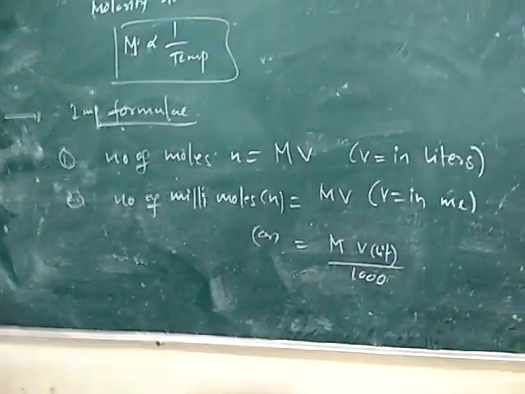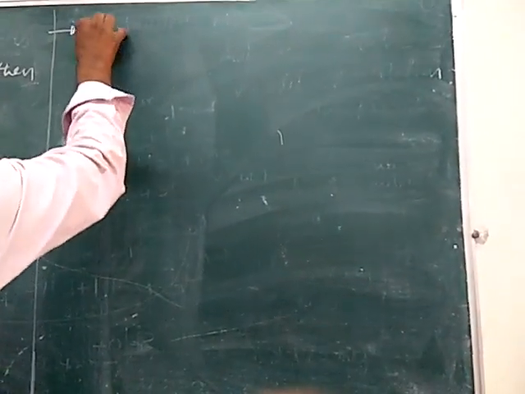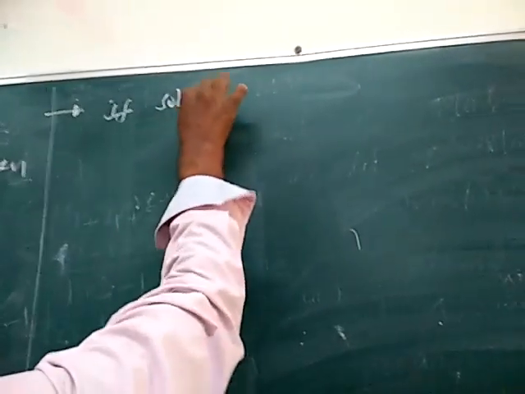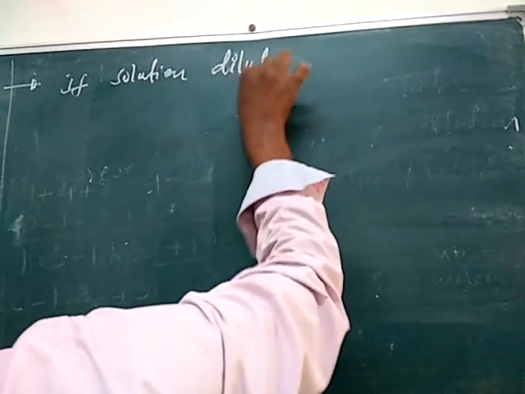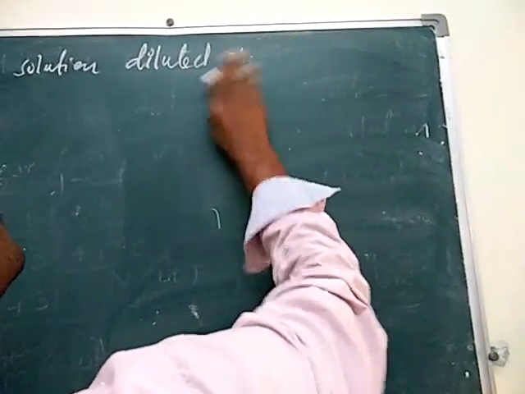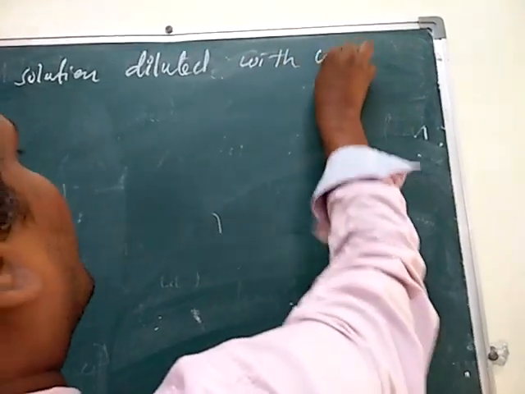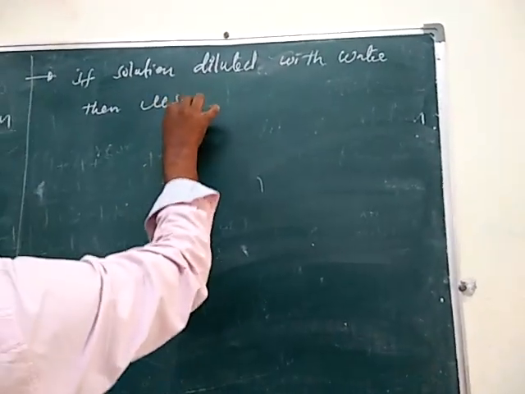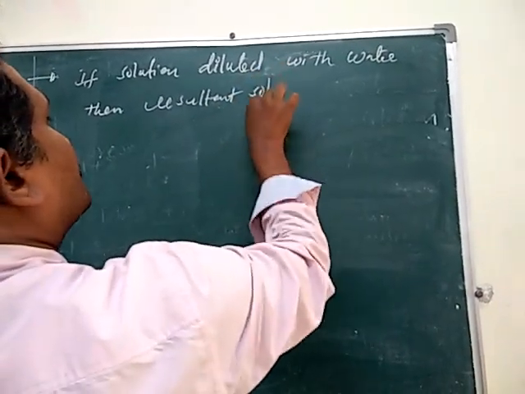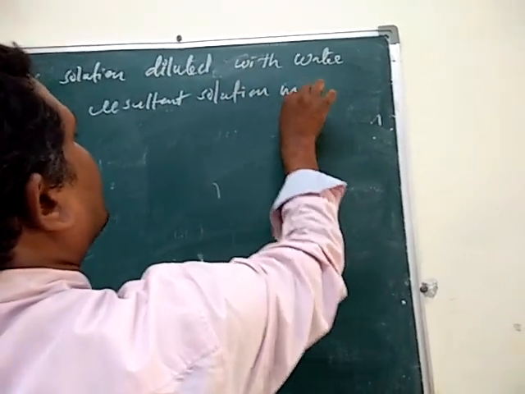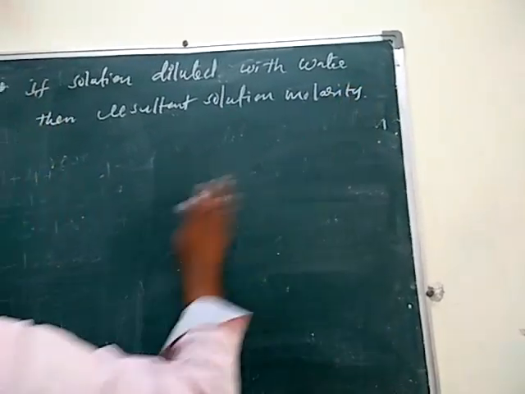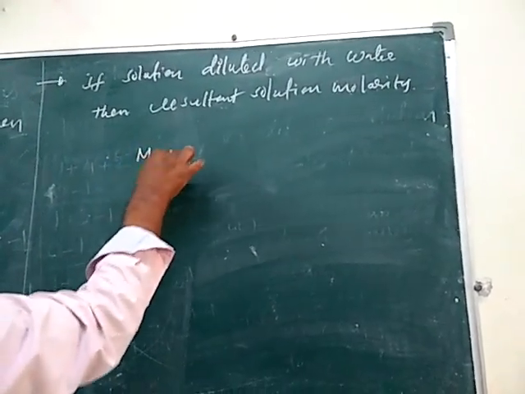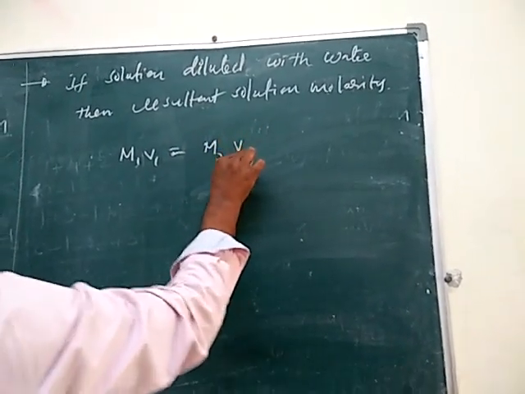Now if a solution is diluted with water, then the resultant solution molarity is given by M1 V1 equals M2 V2.